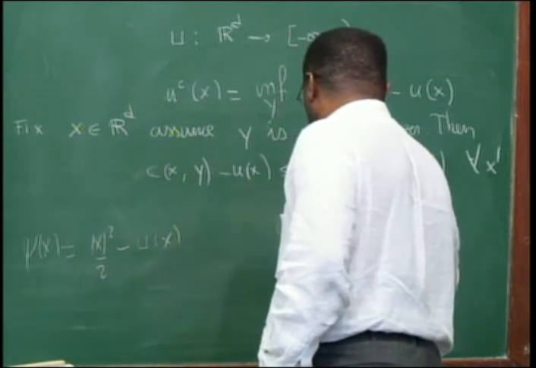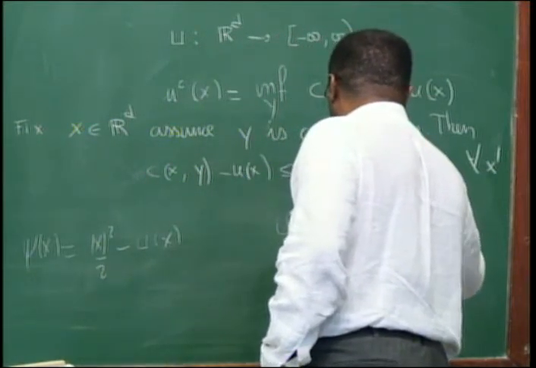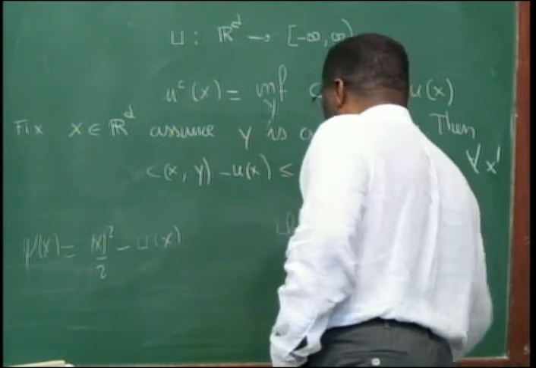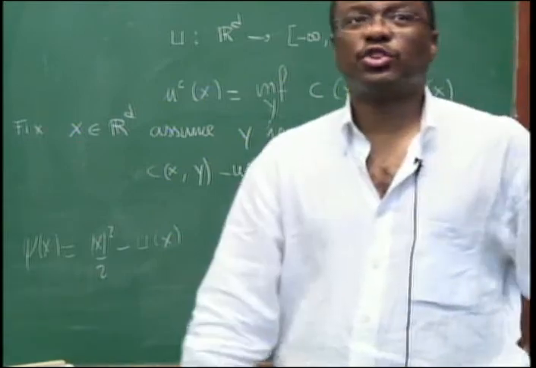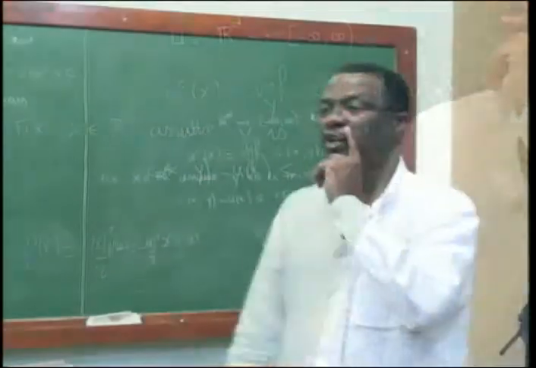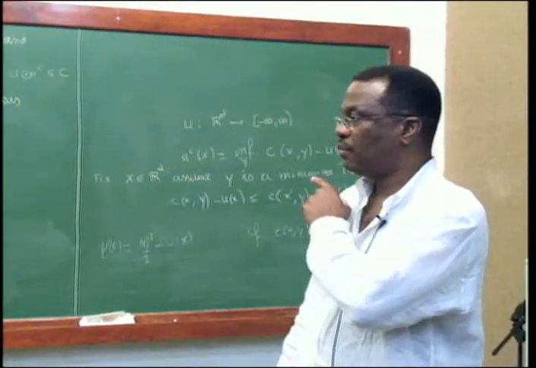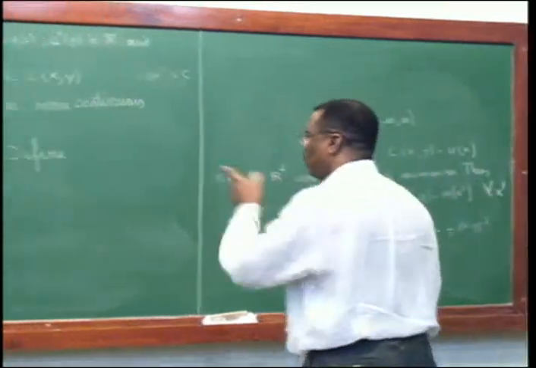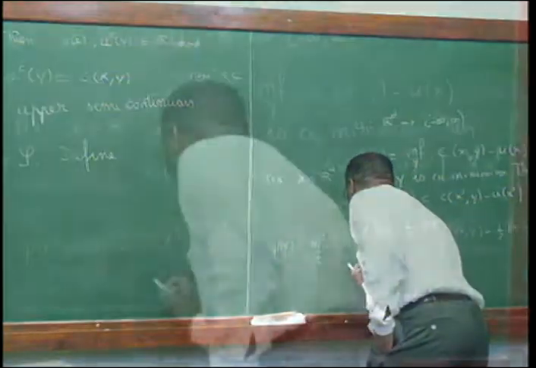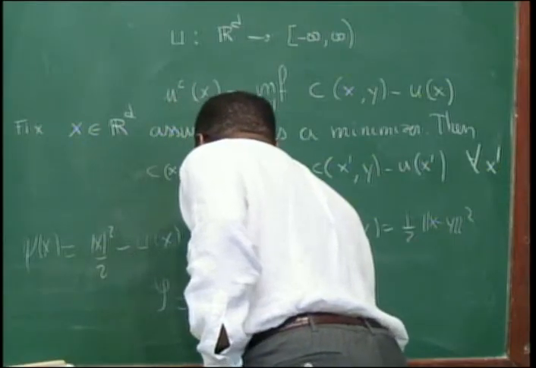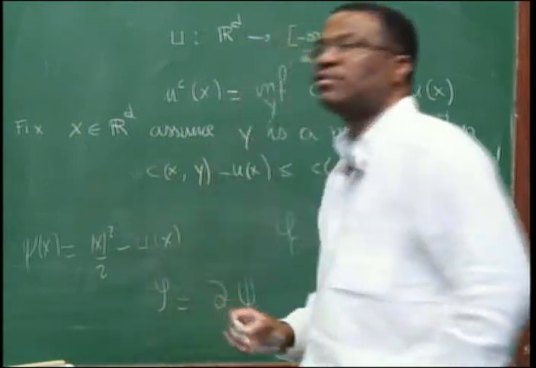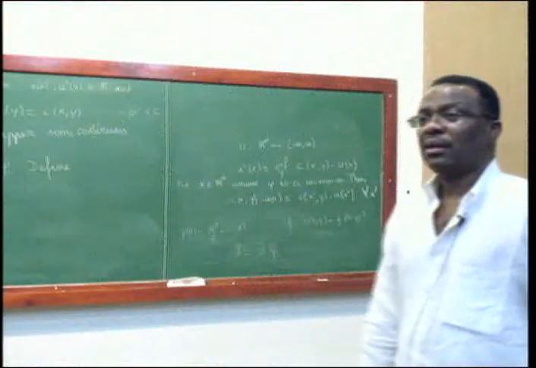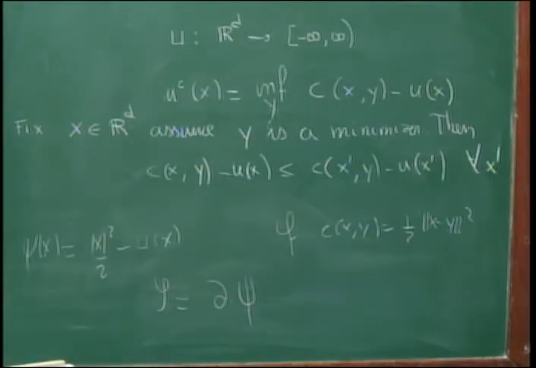So if c(x,y) is 1/2 |x minus y| squared, I define that function. So C cyclically monotone means that psi is convex, and the S will be the subdifferential of psi. Which u is this?